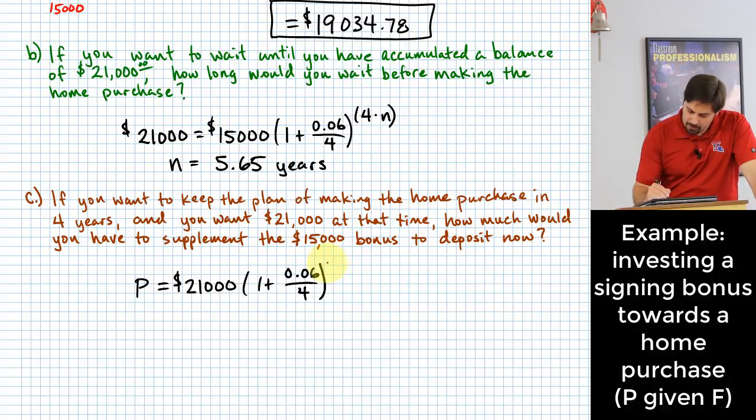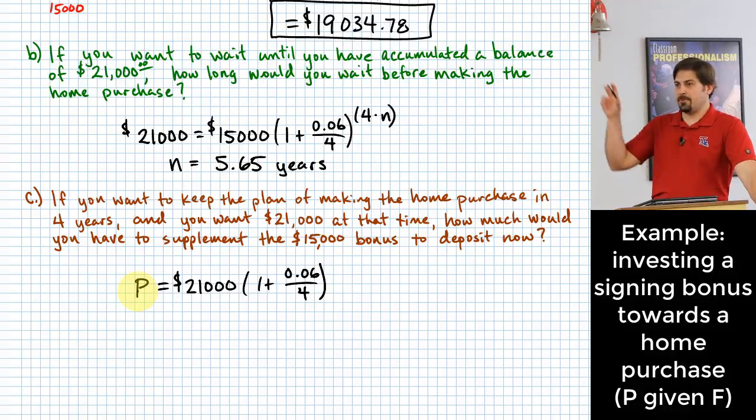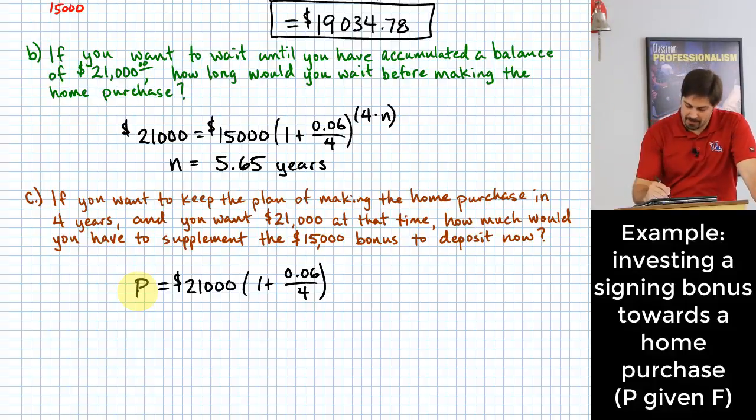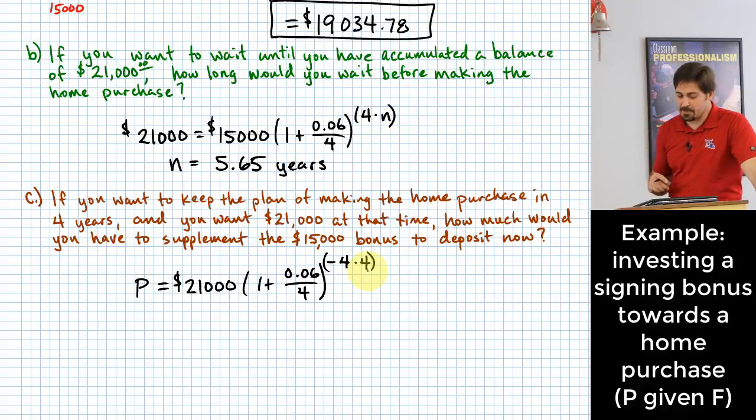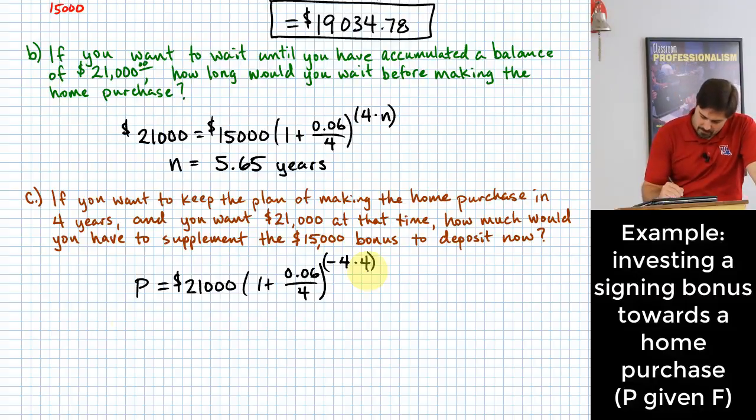Remember when we use the formula in this way, where it's P equal F and then times a factor, we have to actually make this negative up here, right? And this will be 4 times 4. The negative is because we swapped around the direction of that calculation.